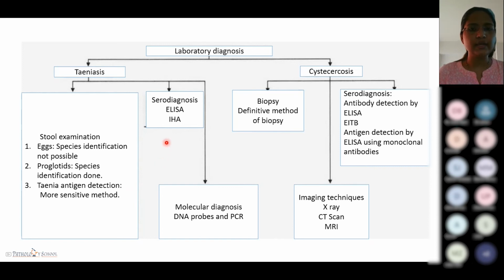Serodiagnosis is done by ELISA and indirect immunoassay, and molecular diagnosis by DNA probes and PCR. While in the case of cysticercosis, biopsy is the definitive method of diagnosis. Diagnosis can also be done by imaging techniques such as X-ray, CT scan, or MRI, and serodiagnosis, where antibody detection can be done by ELISA, and antigen detection by ELISA using monoclonal antibodies.